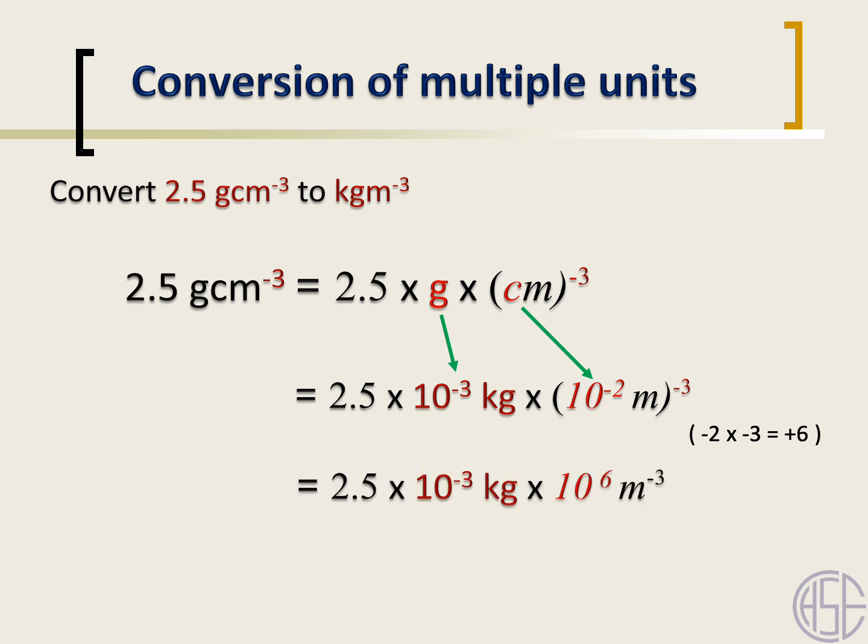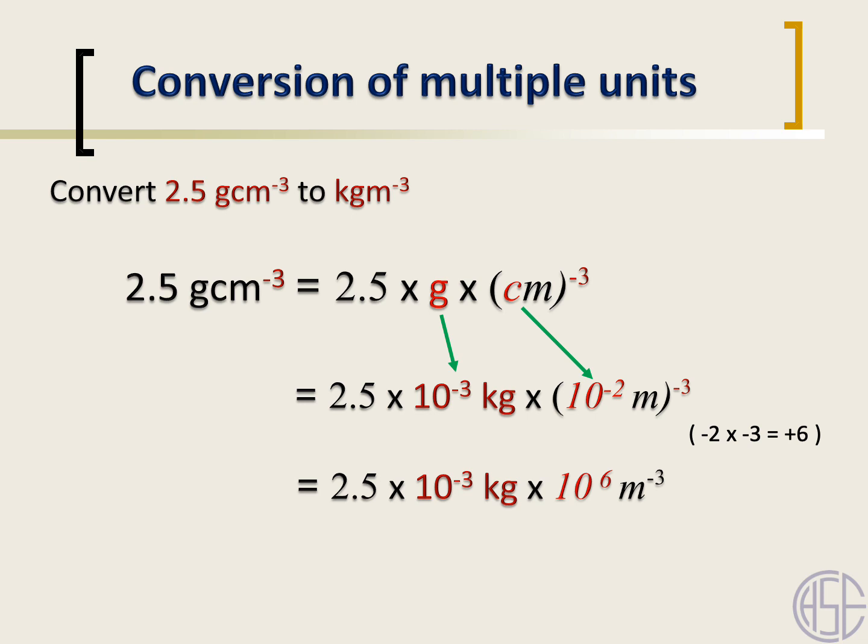So 2.5 into 10 to the power of minus 3, let it be there. 10 to the power of minus 2 to the power of minus 3, together you get 10 to the power of 6. Then meter to the power minus 3, that is meter minus 3. Okay, so that's how I have removed the bracket.